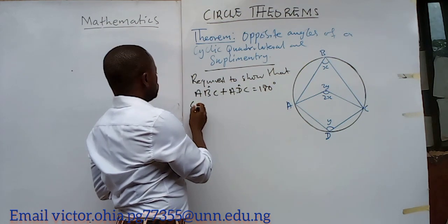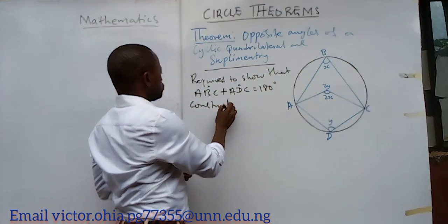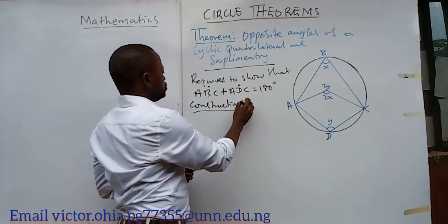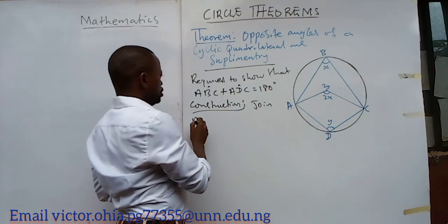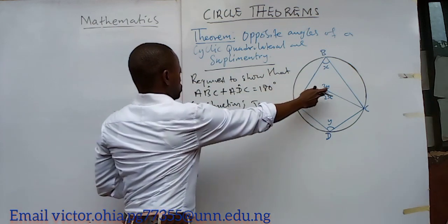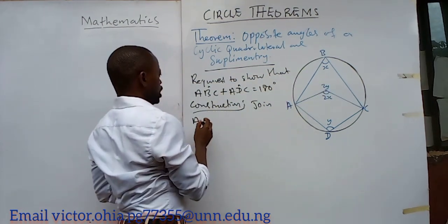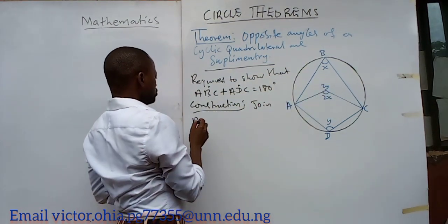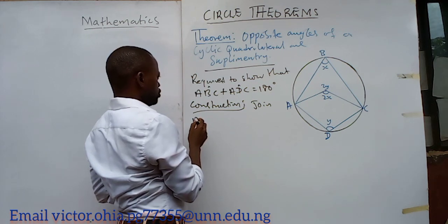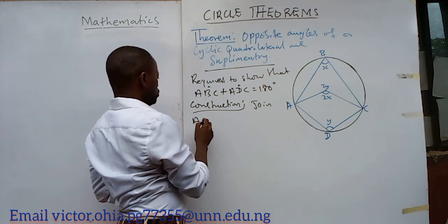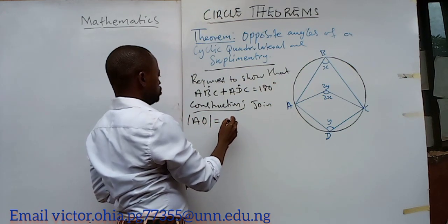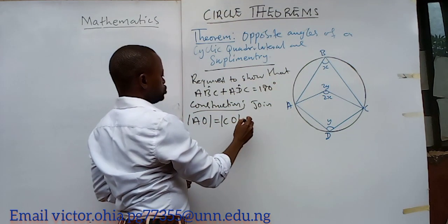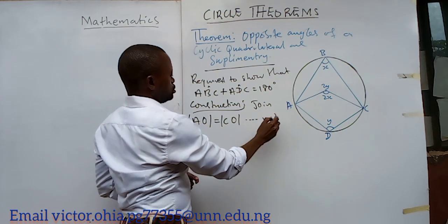We will say construction. If you join A to the center O, and C to the center O, you will realize that we are going to have AO being equal to CO, and both are radii.